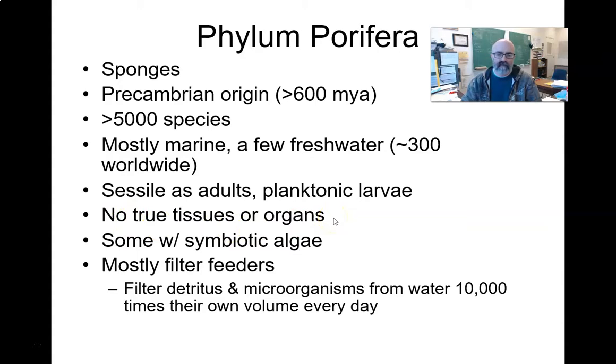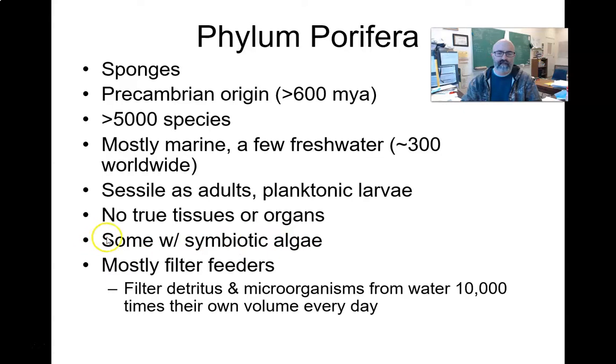One of the most remarkable things about this phylum is the fact that they do not have any true tissues. Of course, they have cells. Everything that's living has cells. Cells are specialized into a few different cell types, but those cell types don't really aggregate into what we could consider to be tissue. So these are very simple organisms.